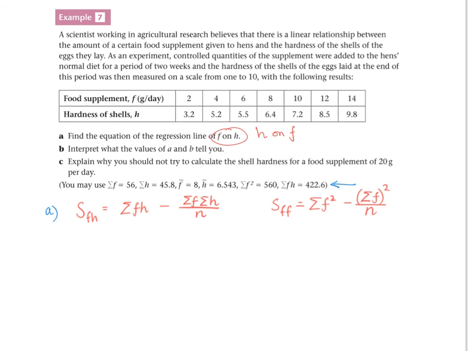Right, so let's work out what B is first of all, and that's our gradient. So SFH divided by SFF, and that would be 56.2 divided by 112. When you work out each of these, you do some number crunching, but that's what it comes down to.